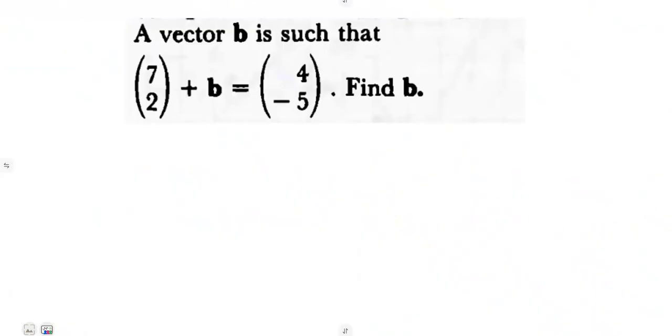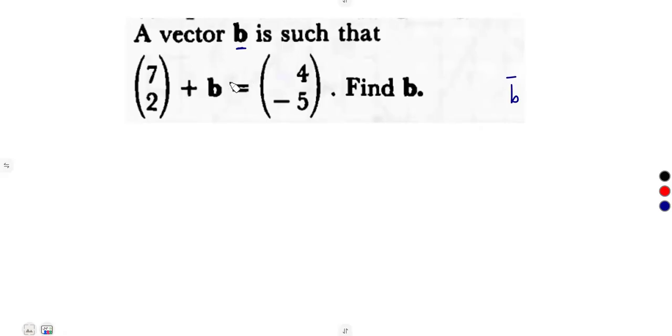So let us consider something that can give us a negative. Like on this part here, you are given this question, a vector B. B is a vector. It's written in bold. So you can indicate with a bar like that to represent a vector, or you have to redo it so that it is in bold, right?